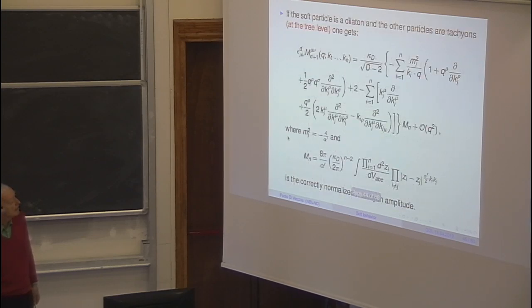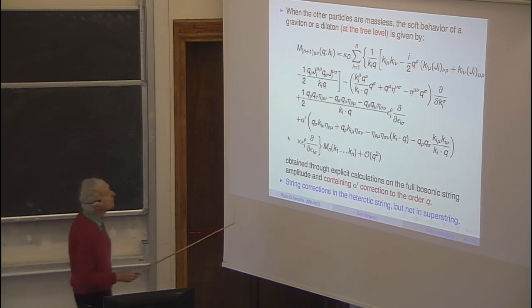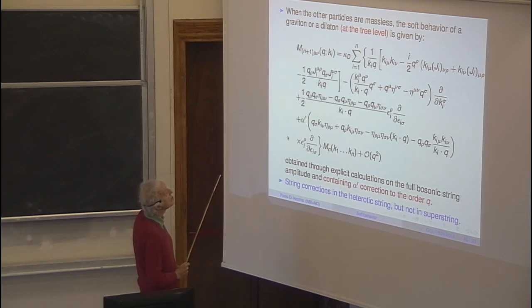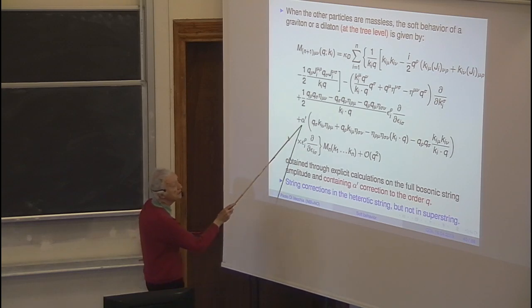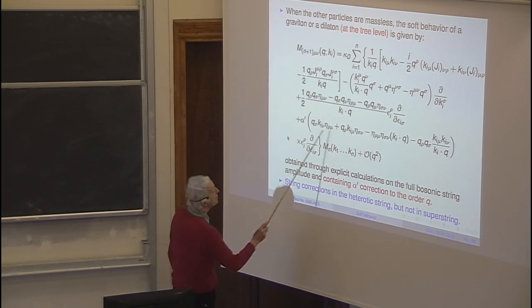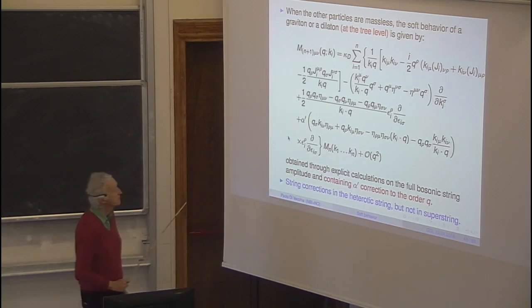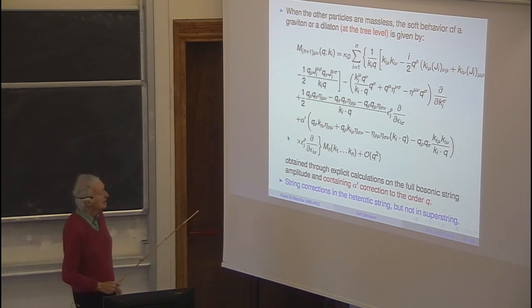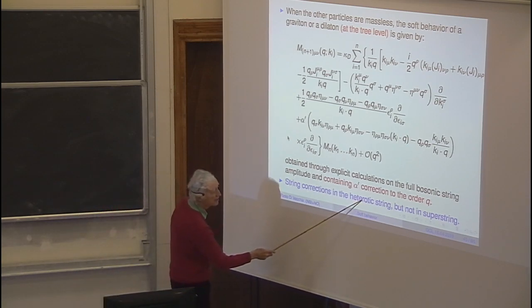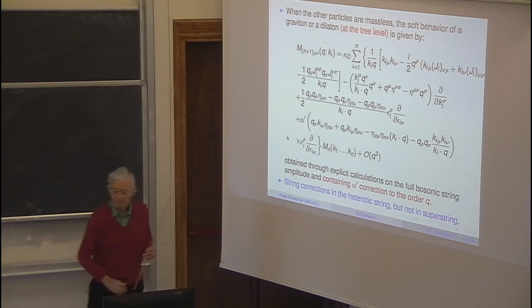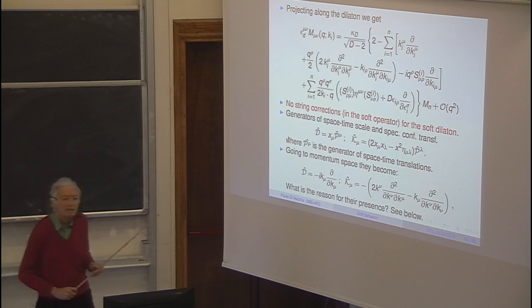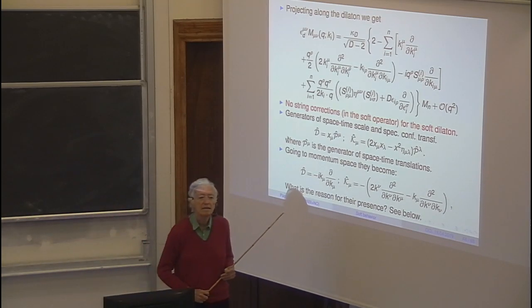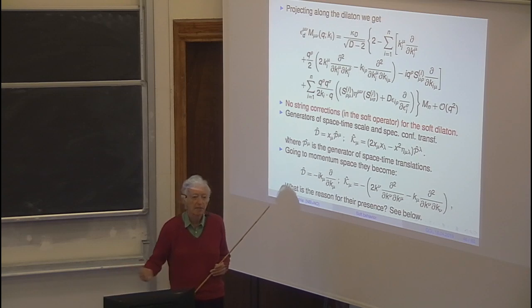When the other particles are massless, then the soft behavior of the graviton and the dilaton is given by this expression, and you see that you get a string correction here for the sub-sub-leading term of order q. You also get string corrections in the heterotic string, but not in the superstring.